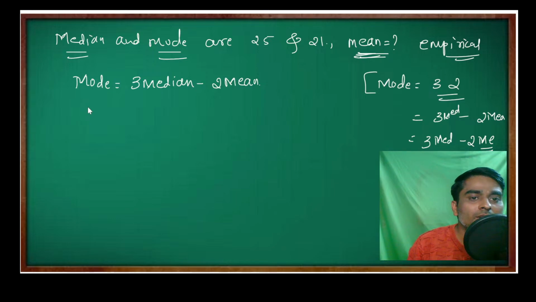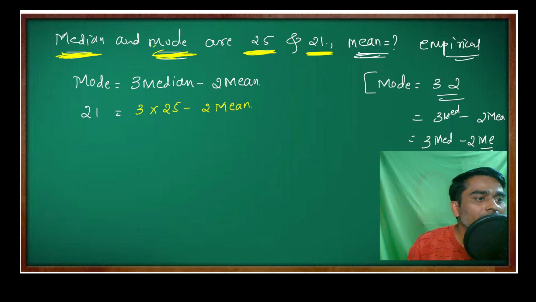How 21? Look at the words. This is very important. You people make a mistake. The first word is median, that means the first number is median. The second word is mode, that means the second number is mode. So mode is 21. 3 into median, what is median here? 25, minus 2 mean. We want this.